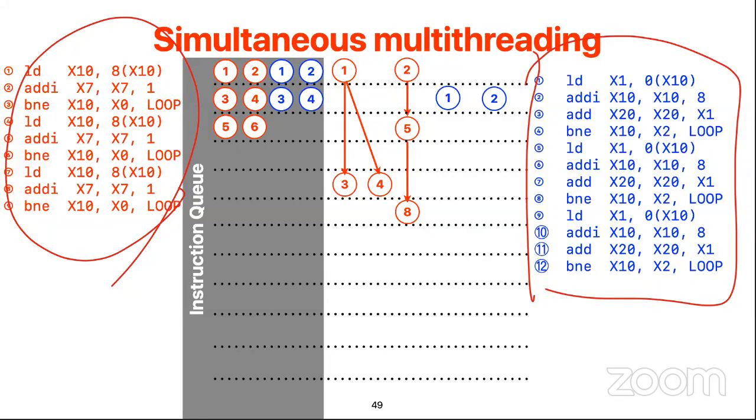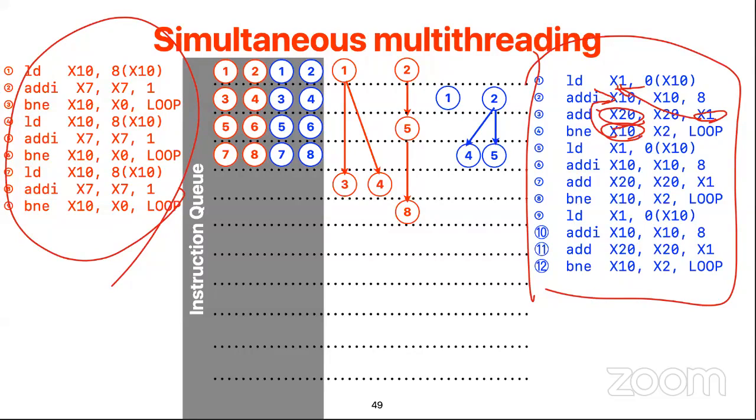However, we still only use one of the functional units in this simultaneous multithreading processor. Let's see if there are other opportunities. Unfortunately, at this time, we know 3 and 4 in the other thread have dependencies with the load instruction, and this one has a dependency with this instruction. So we cannot execute 3 and 4 immediately.